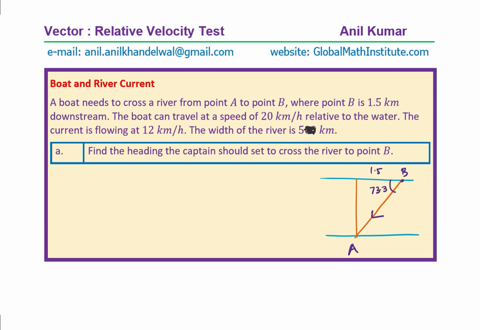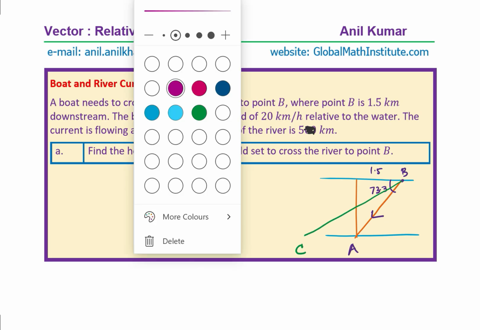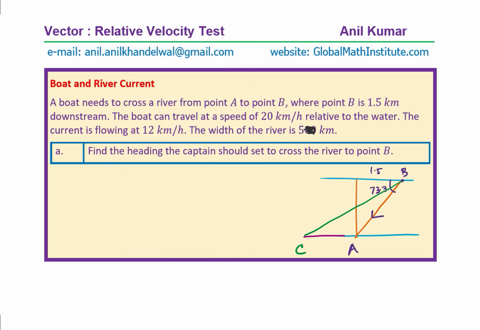Now, to reach here, the captain should head towards some point on this side, right? Let us say C. And because of the water current, the boat will ultimately come to A, right? So that becomes the situation. The speed of the boat is 20 kilometers per hour, and that of the river is 12.